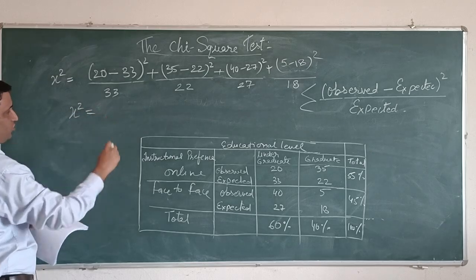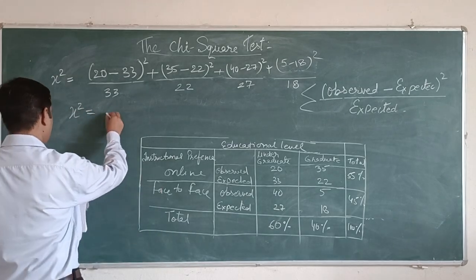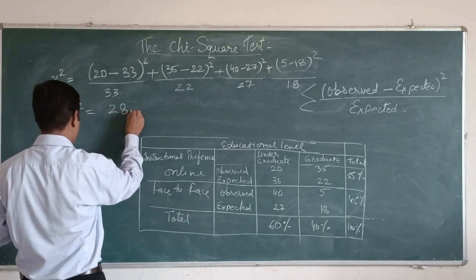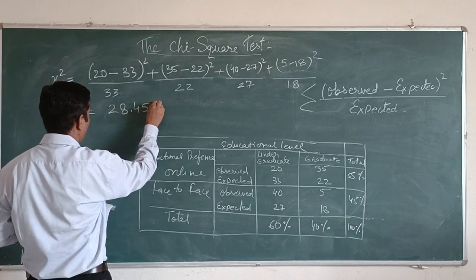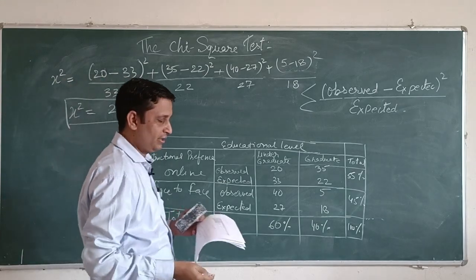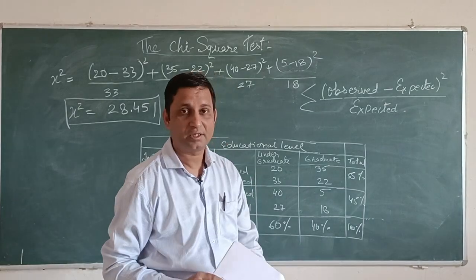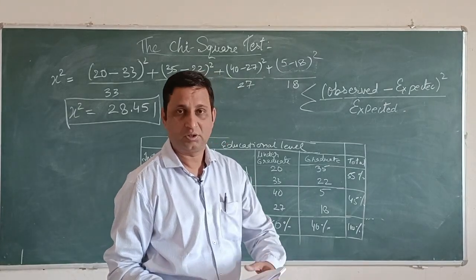When we solve this equation, we will find our result is 28.451. That is called the test statistic for a chi-square test. Okay.